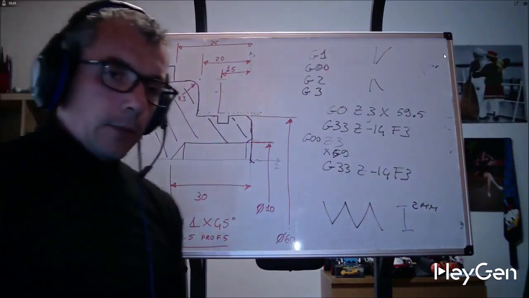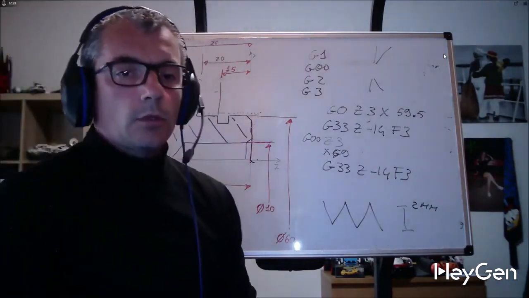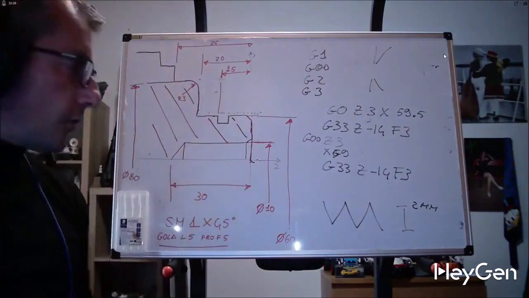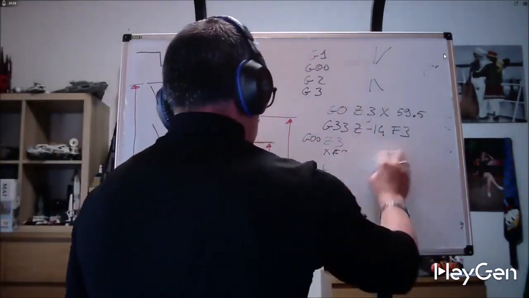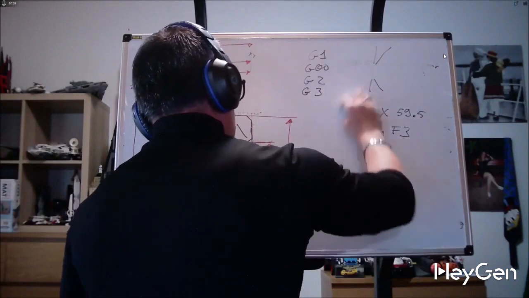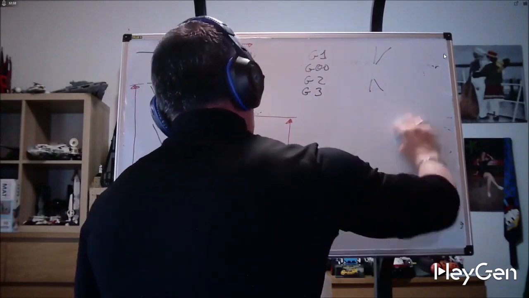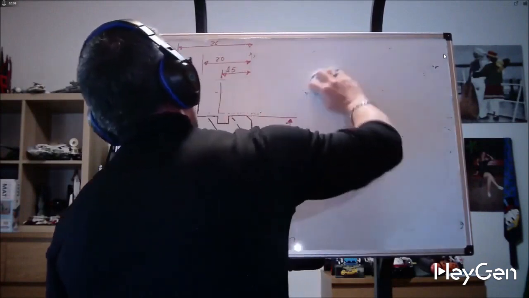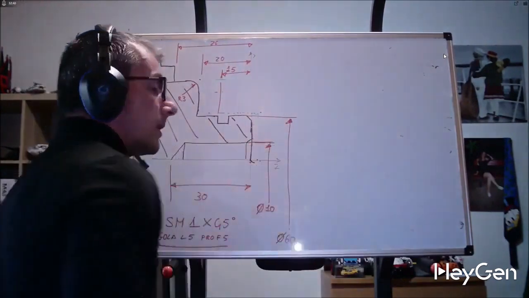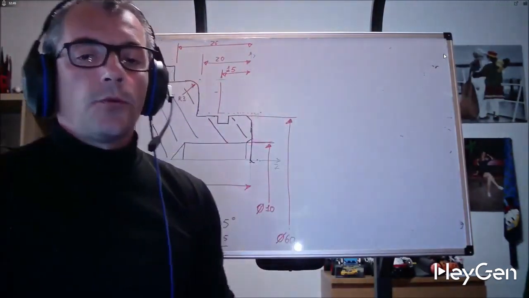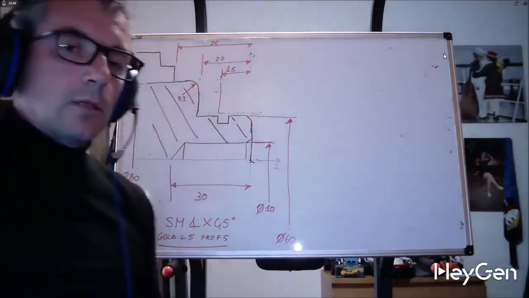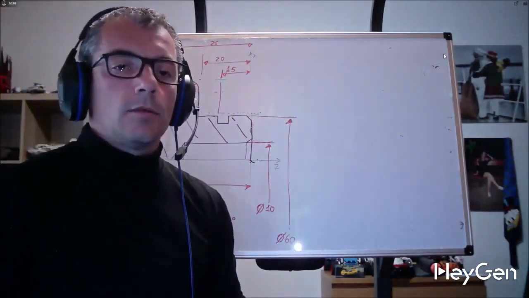This is why at this point the macro, the fixed threading cycle, comes to our aid. So what are these macros? What are these fixed cycles? Fixed cycles. And this is where it gets interesting today, forgive me, but the video is quite long.